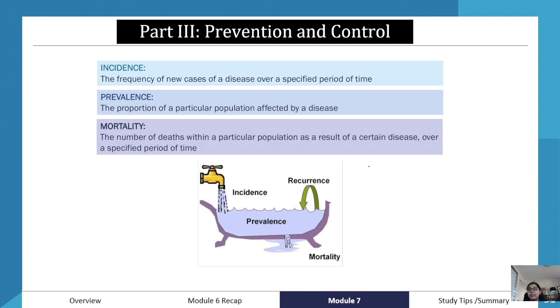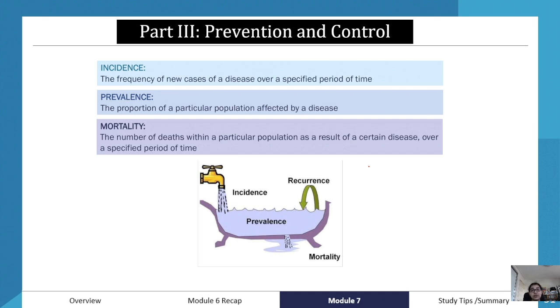So when we look at prevention and control, we want to think about incidence, prevalence, and mortality, three important terms. Incidence is the frequency of new cases over a specified period of time. With COVID-19, the incidence was the number of new cases every week or every day. Prevalence is the proportion of a particular population affected by a disease.